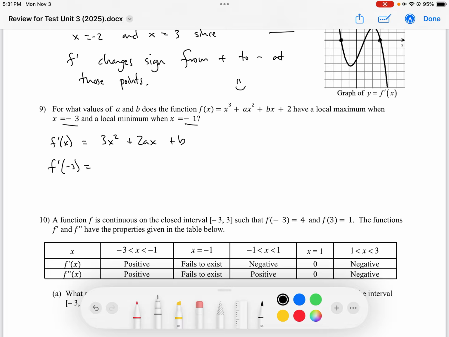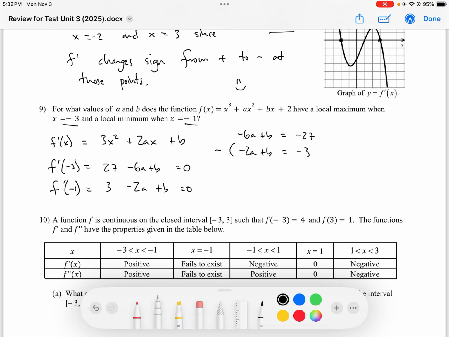So if we plug that in, we'd get 27 minus 6a plus b, and that needs to equal 0. And if we plug negative 1 into f prime, we get 3 minus 2a plus b, which also has to equal 0. So now we have negative 6a plus b is equal to negative 27, and negative 2a plus b is equal to negative 3.